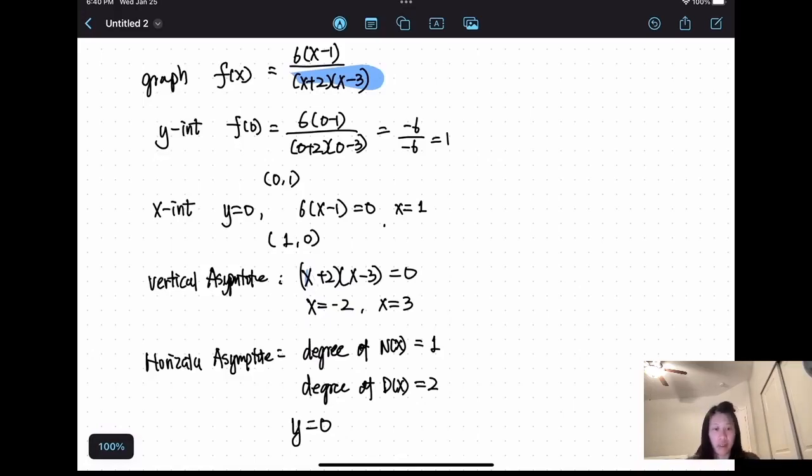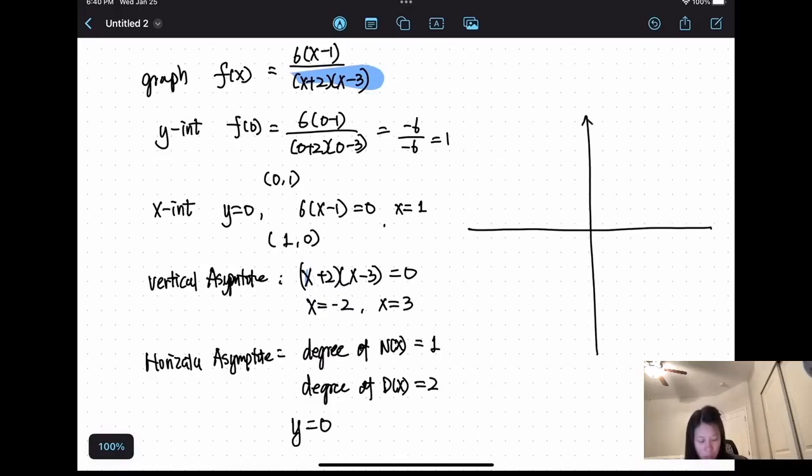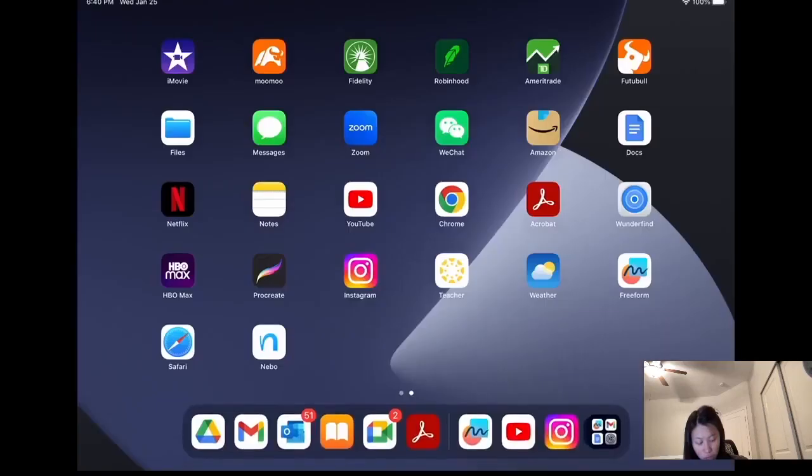All right, so right now we have everything. Now let's put this together. Let me label the y-intercept here, (0, 1). The x-intercept, (1, 0), is here. Oops, sorry.